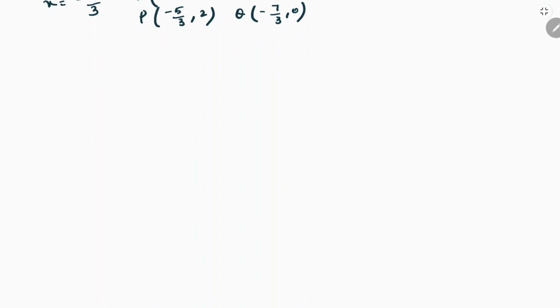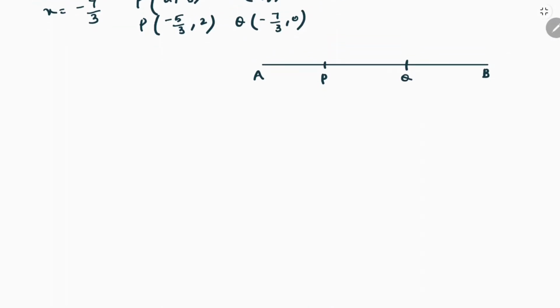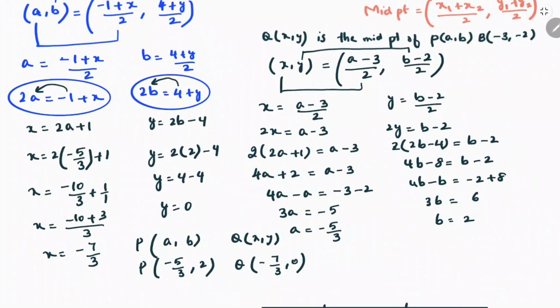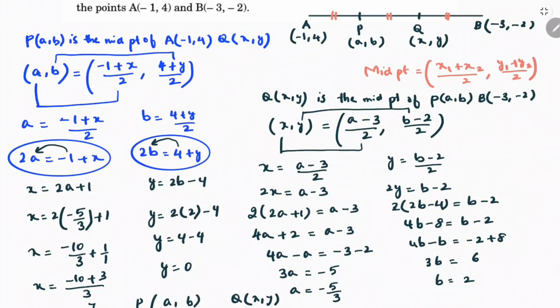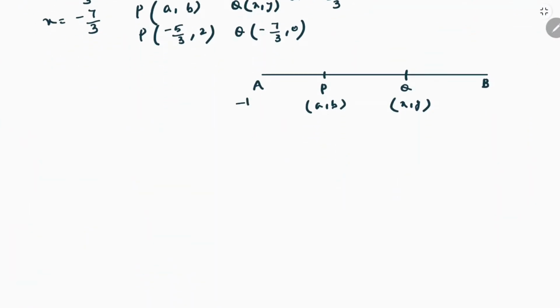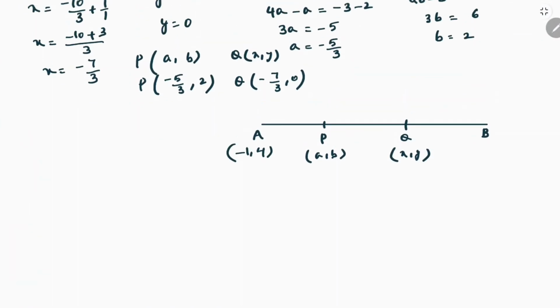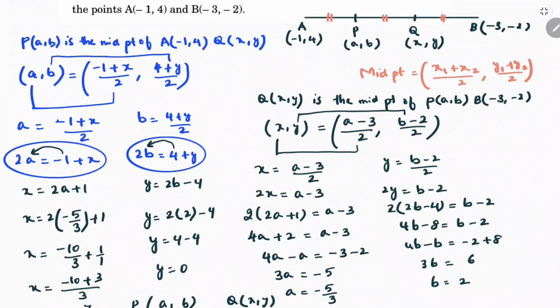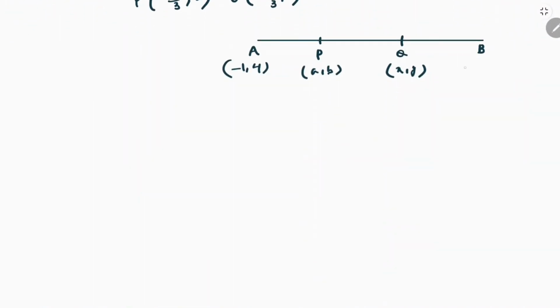For example, see here AB, with P and Q. We need to find P and Q. So P we consider, as in the previous one, as (a, b), and Q is (x, y). A is (-1, 4), B is (-3, -2).